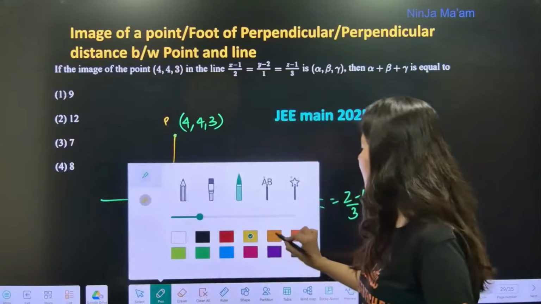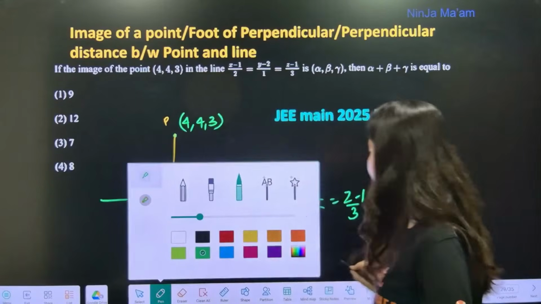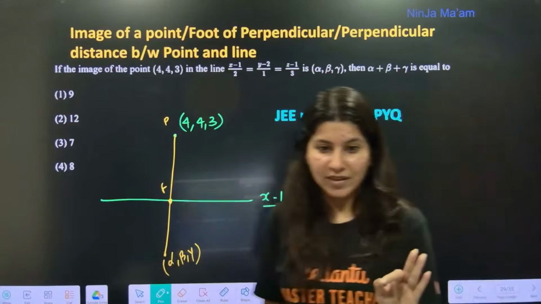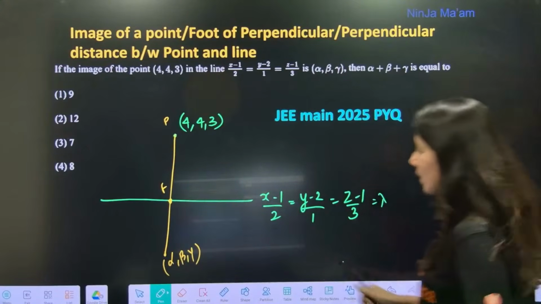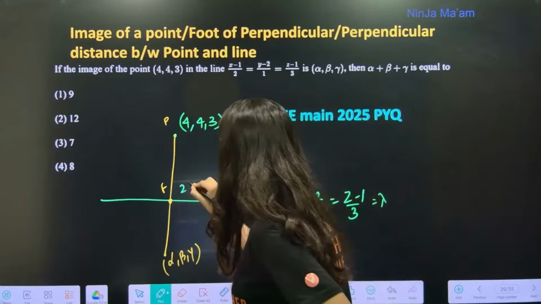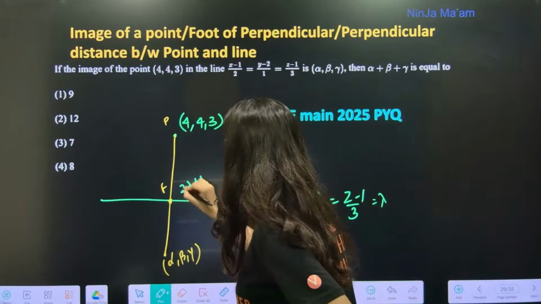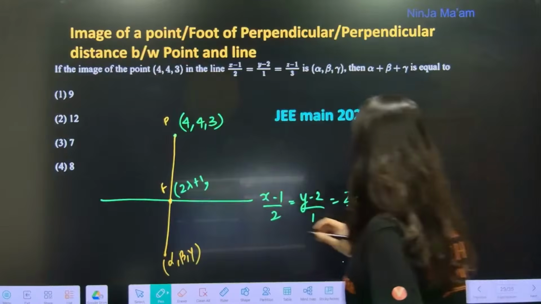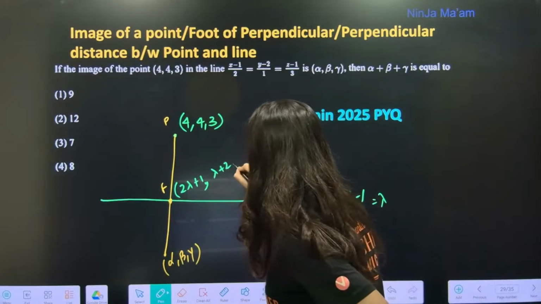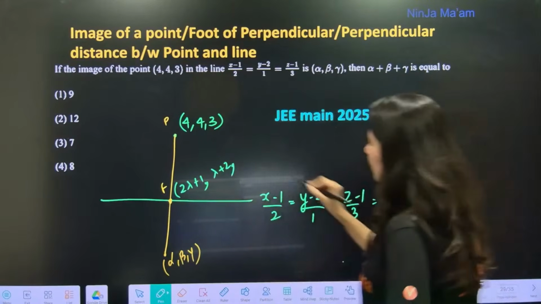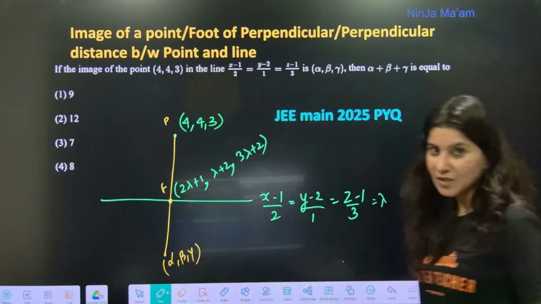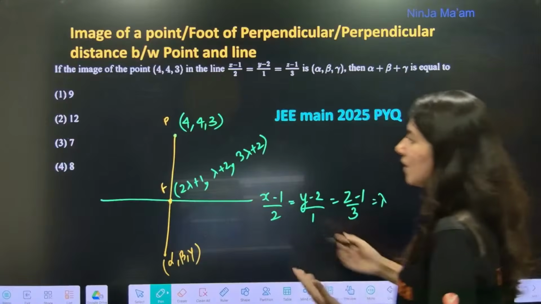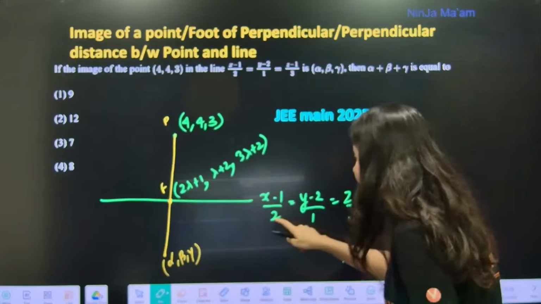So very first step, everybody, I just told you, assume F in terms of lambda. So F is (2 lambda plus 1, lambda plus 2, 3 lambda plus 1).